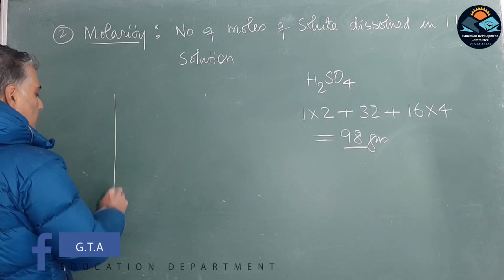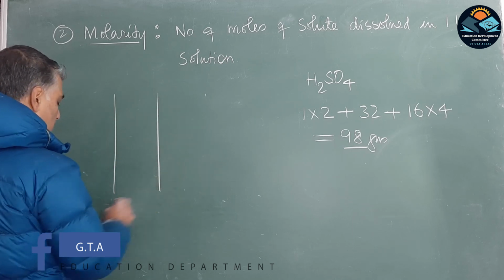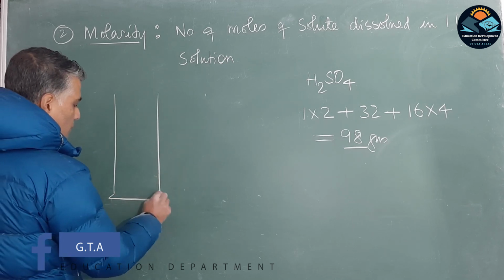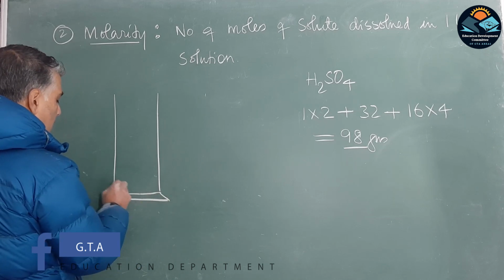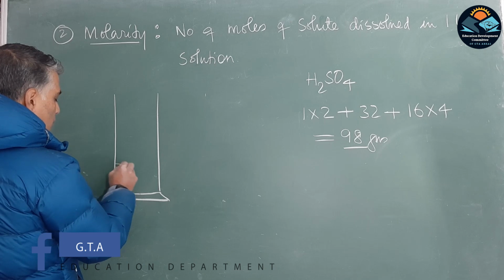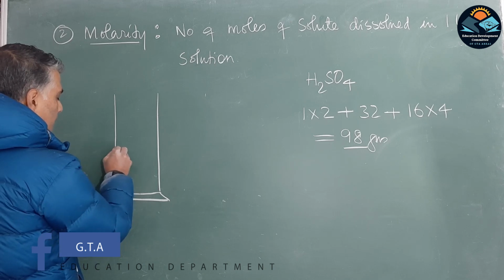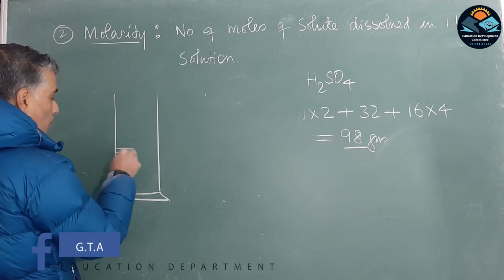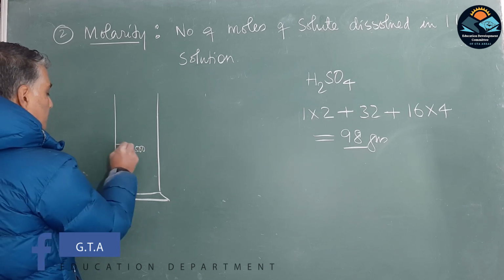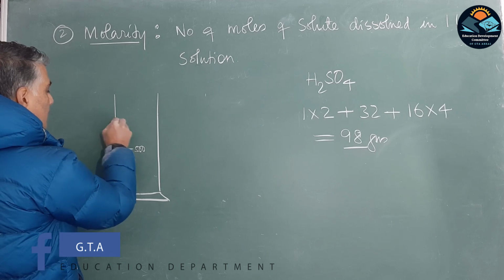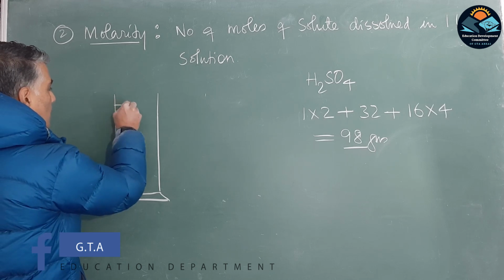So I have here a measuring cylinder, which is used for measuring volumes of liquids. There are markings here to find the volume of liquids poured in it. So let's say this is the mark for half a liter, 500 ml, and this is the mark for 1 liter.